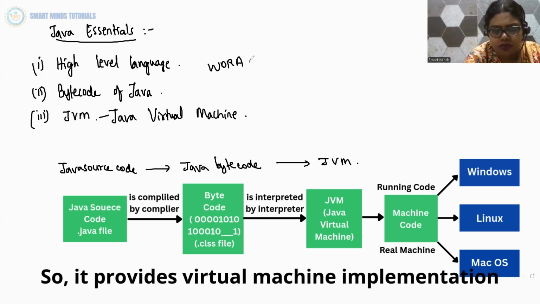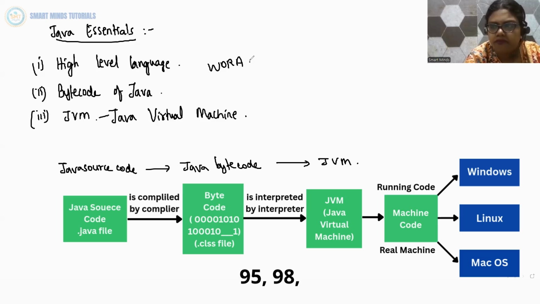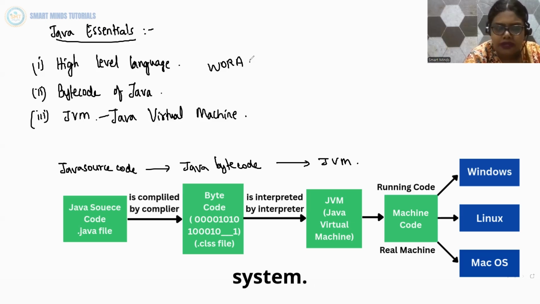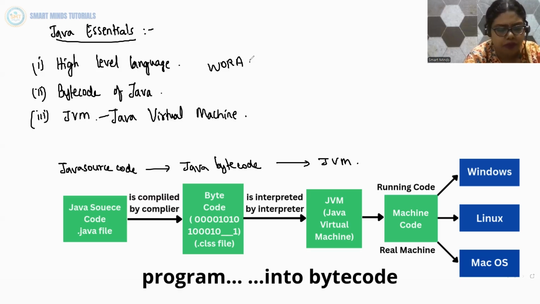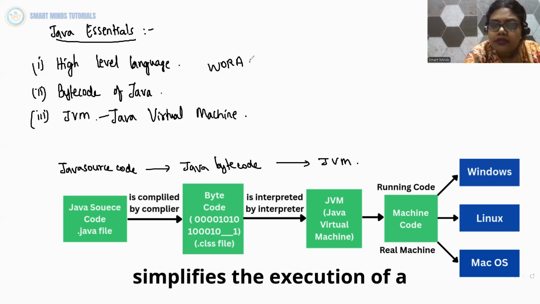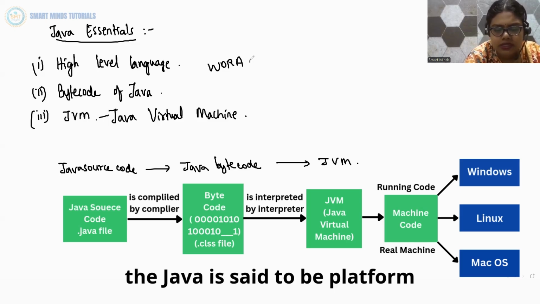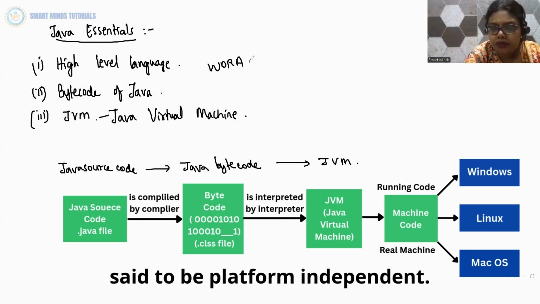So it provides virtual machine implementation for Microsoft Windows 95, 98, NT, or Solaris operating system. And the process of translation of a Java program into bytecode simplifies the execution of a program on various platforms. So, due to this, Java is said to be platform independent. I have explained why Java is said to be platform independent.